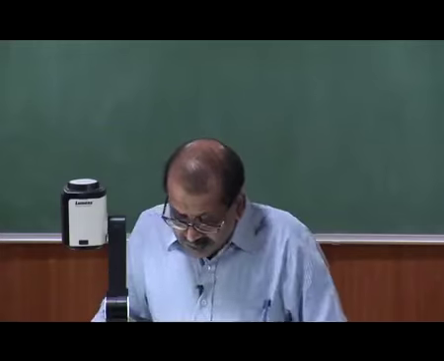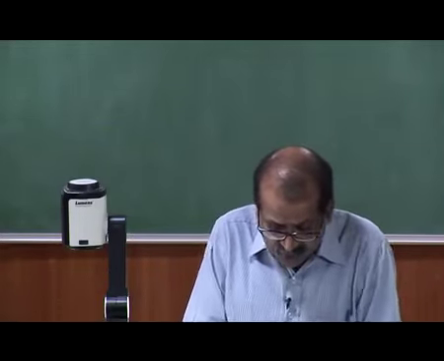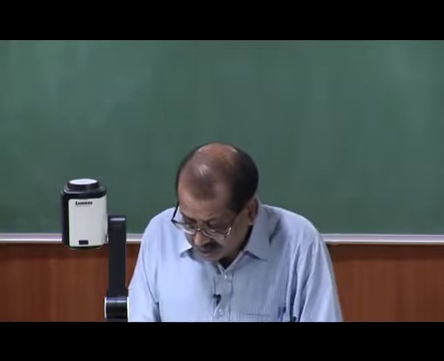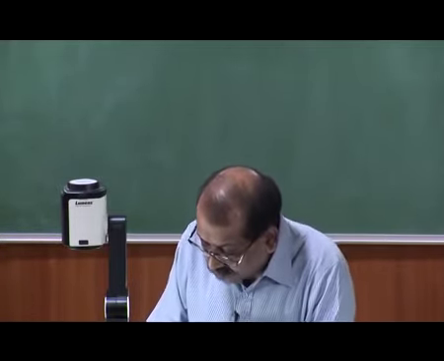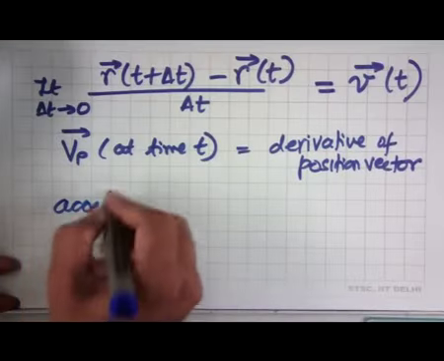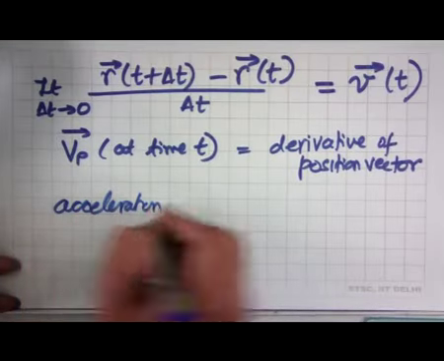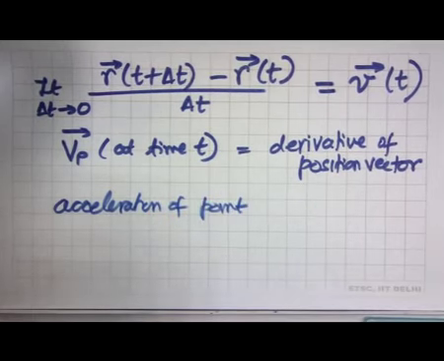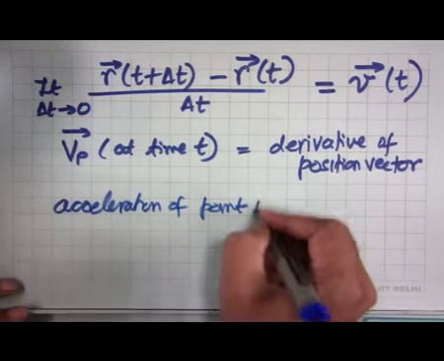So, this is the definition of velocity of a point P, and I will just give the formal definition of acceleration. These definitions are general and they will work for one dimensional, two dimensional, all kinds of motion.